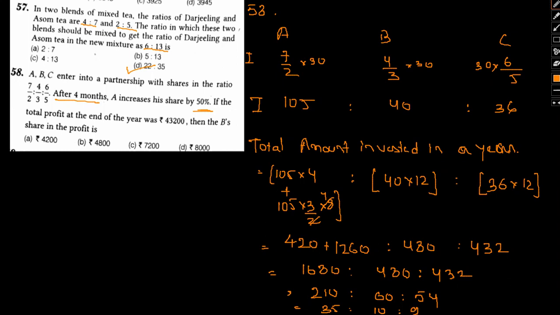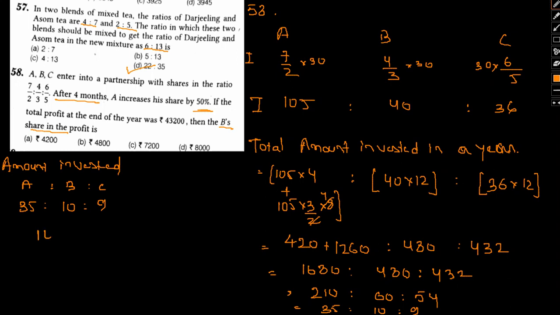So basically the amount invested is in the ratio A is to B is to C, which is 35 is to 10 is to 9. Now we are asked to find B's share of profit.